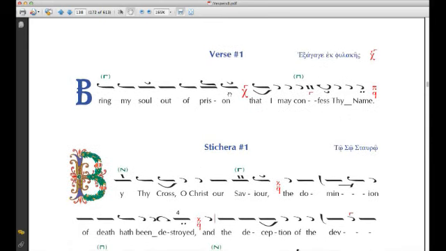So bring my soul out of prison. Bring my soul out of prison, that I may confess thy name.